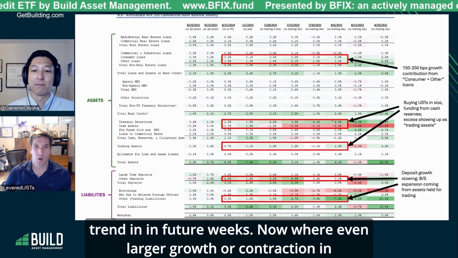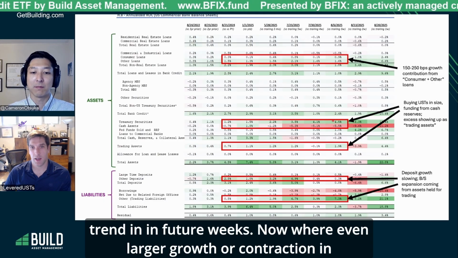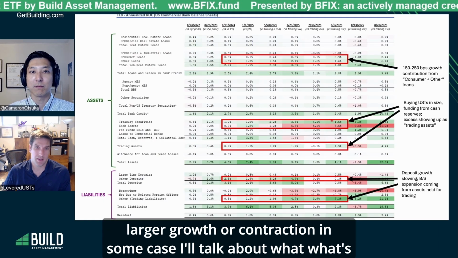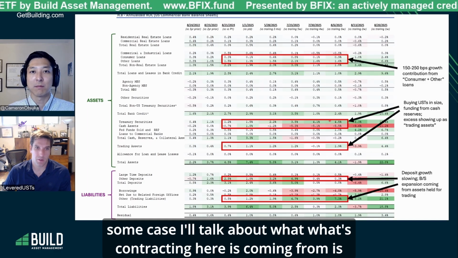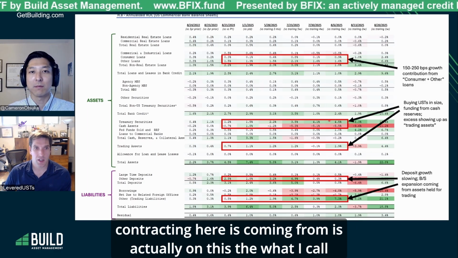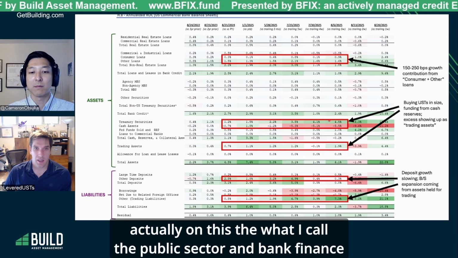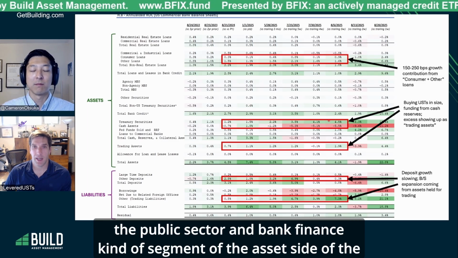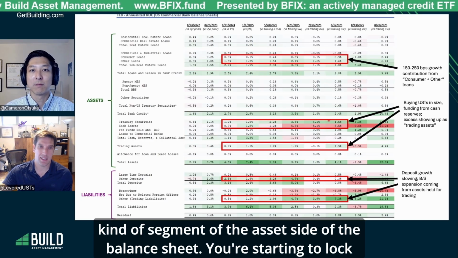Now, where even larger growth, or contraction in some cases, I'll talk about what's contracting, is coming from is what I'd call the public sector and bank finance segment of the asset side of the balance sheet.